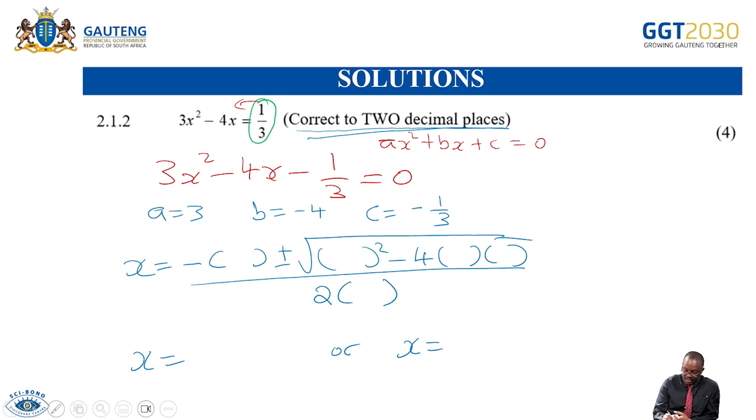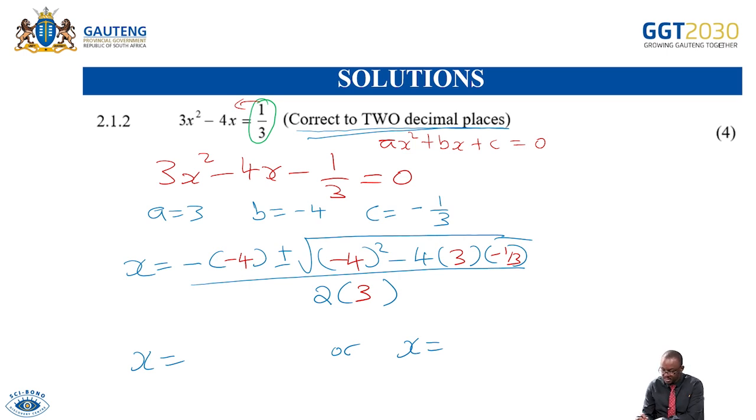We substitute. What is our b? Negative 4. A is 3. C is negative 1 over 3. Then you go to your calculator and punch in your quadratic formula correctly. Then you substitute there.